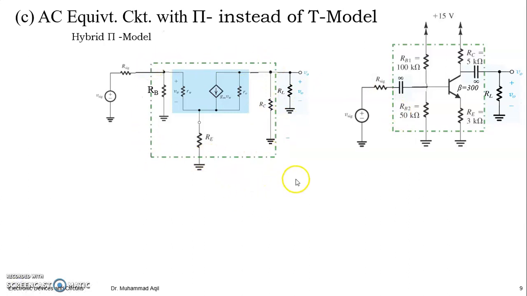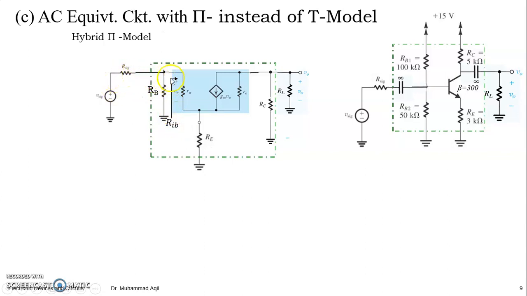Now to find the desired gain relations and their numerical values, we have to see what the input resistances, output resistances, input voltage and output voltage would be.